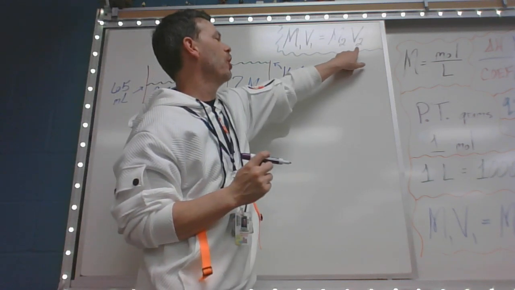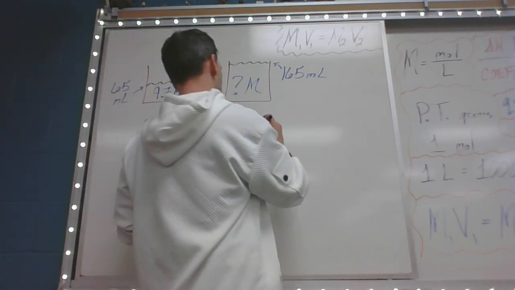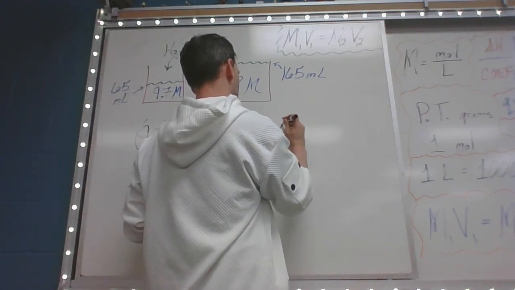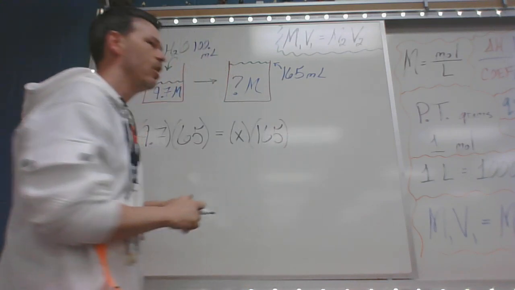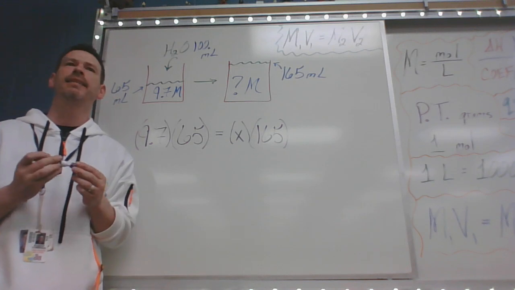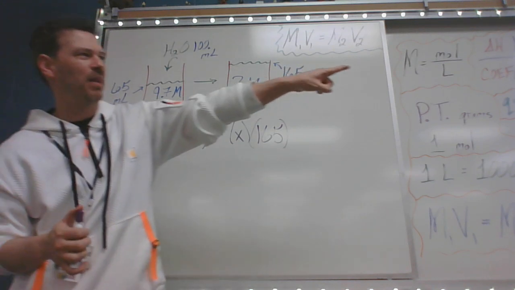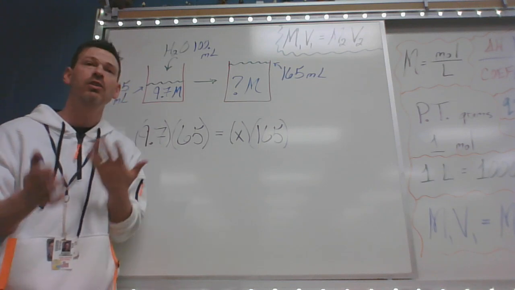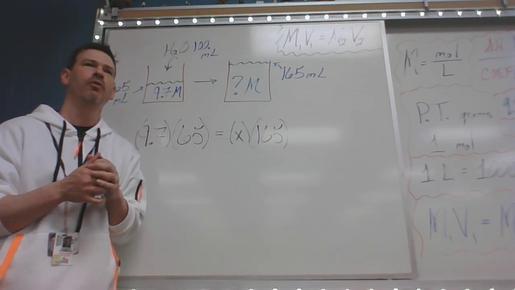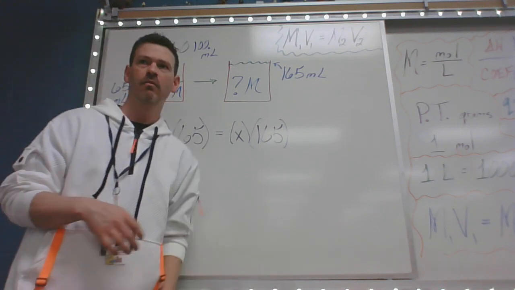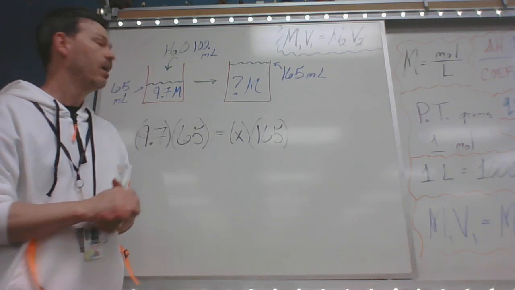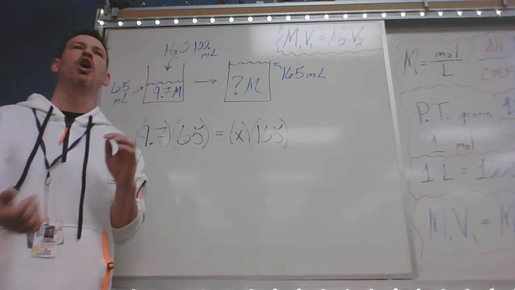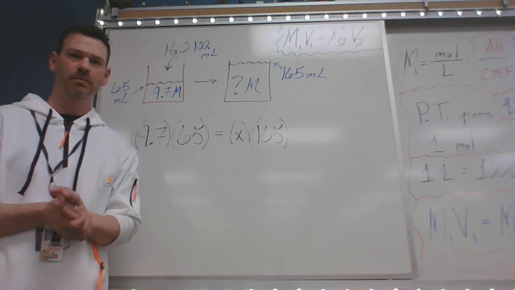Your ending volume was calculated to be 165. Usually if you misuse the context rules here, you would find a place to put that 100 in the equation where it doesn't belong, so careful, careful. Find X. I'm going to draw a card. Solve it.